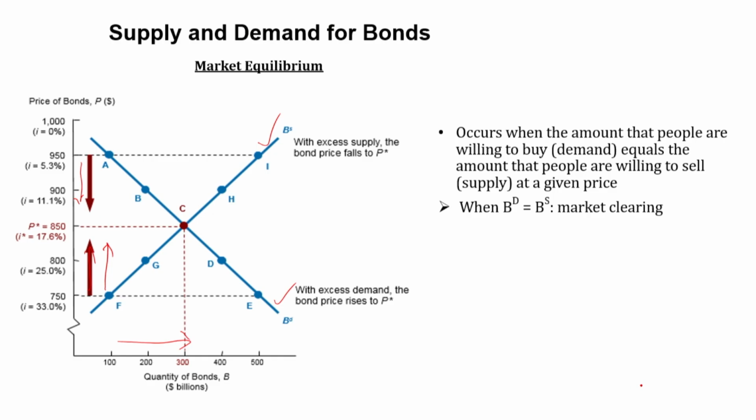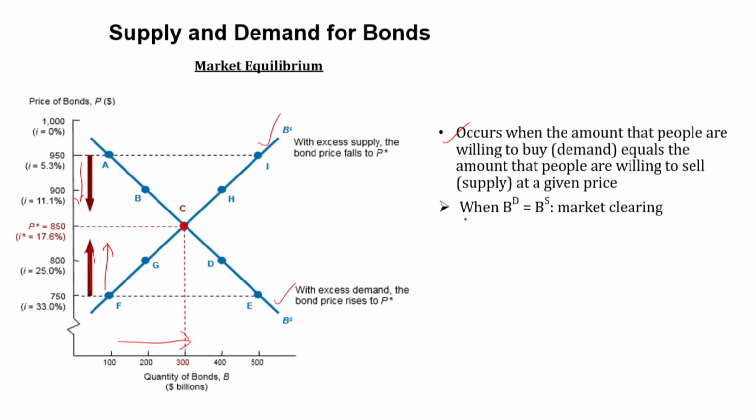So the equilibrium position here is where the demand for bonds intersects with the supply of bonds. At this point, you can see that it occurs when the amount that people are willing to buy, the demand, equals the amount that people are willing to sell at a given price.